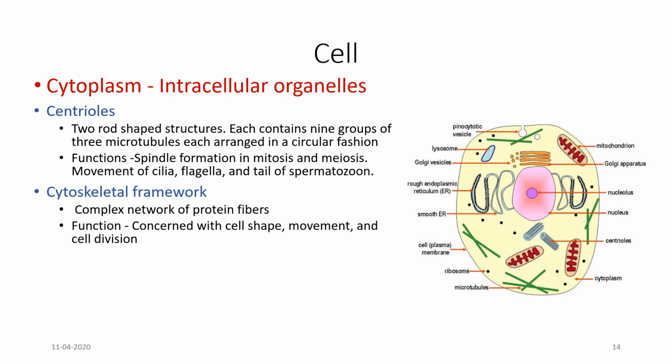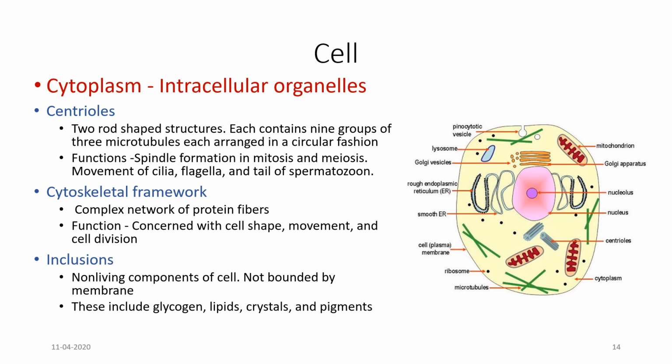The other components of the intracellular organelles are the inclusions, which are non-living components of the cell, and they are not bounded by a membrane. And these inclusions are glycogen, lipids, crystals and pigments.